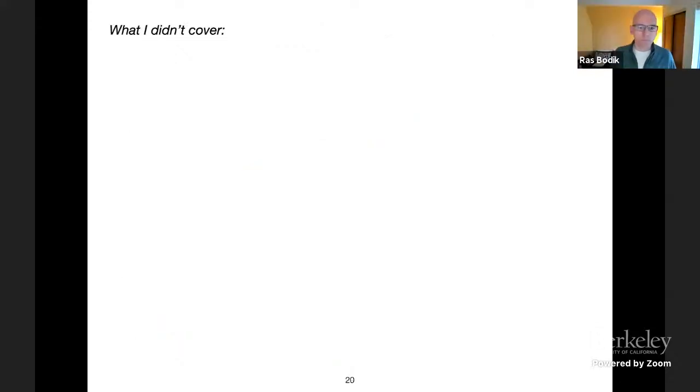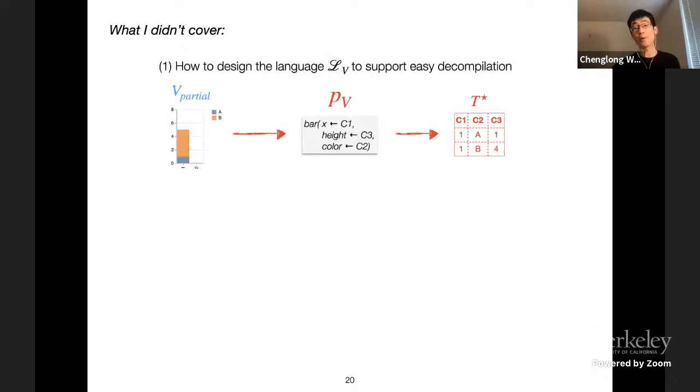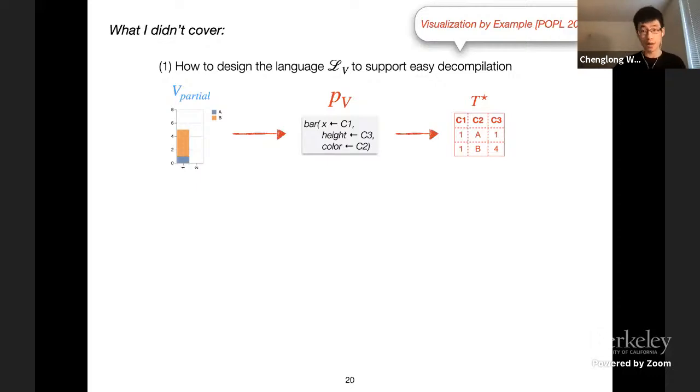So in general, today I covered this synthesis problem, especially how to apply value-based abstraction to analyze behaviors of partial programs. Something I didn't cover here includes how we design the language to make this decompilation easy, which you can see in our POPL paper.